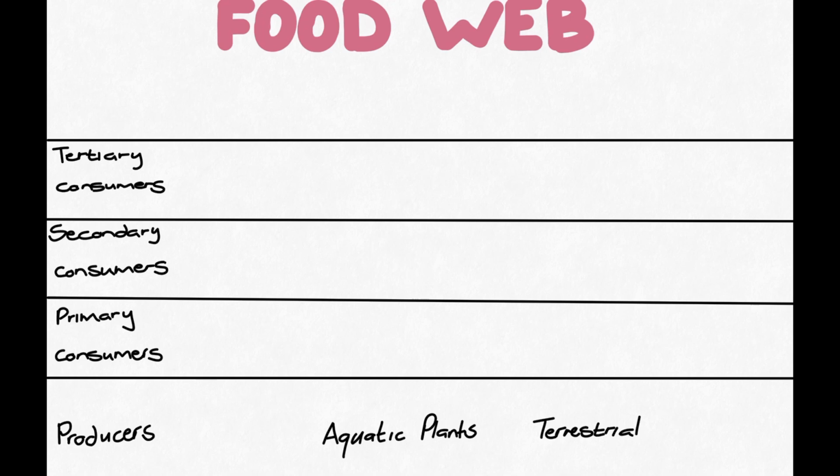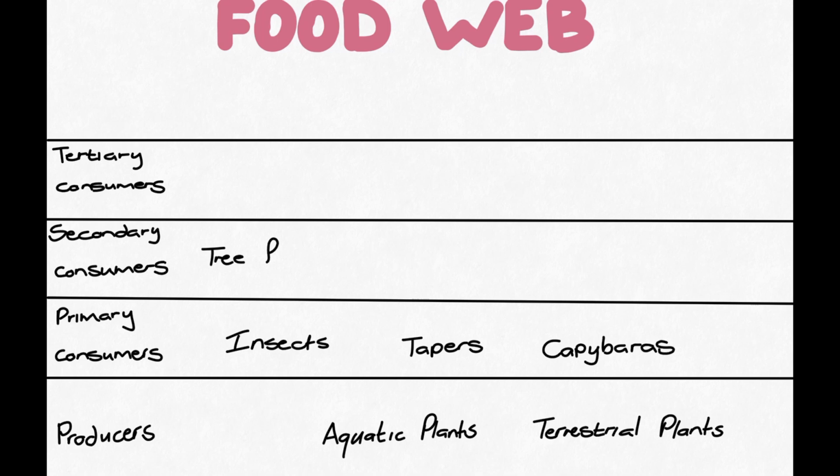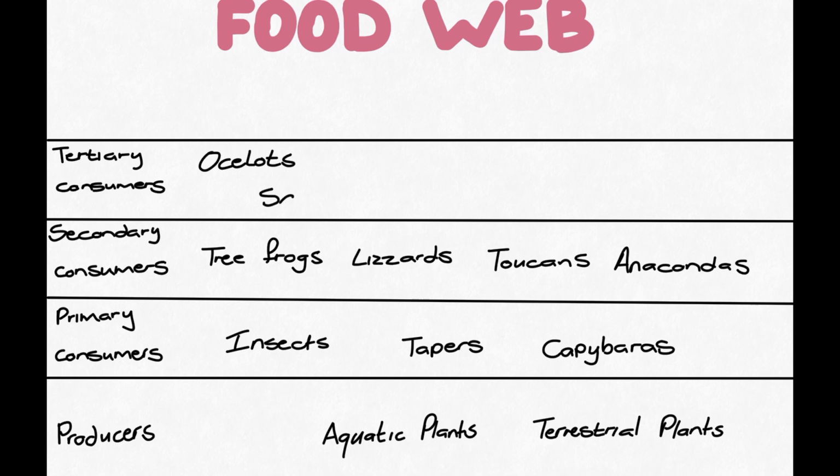These include aquatic plants and terrestrial plants. Then we have our primary consumers, which are our herbivores like insects, tapirs, and capybaras. Then our secondary consumers are made up of omnivores like tree frogs, lizards, toucans, and anacondas. And our tertiary consumers are our ocelots, our squirrel monkeys, our harpy eagles, and our jaguars.